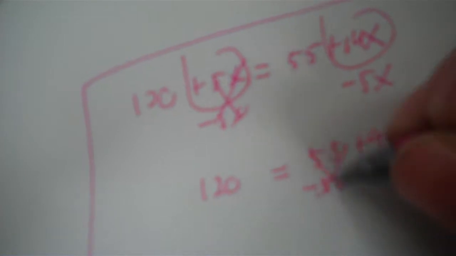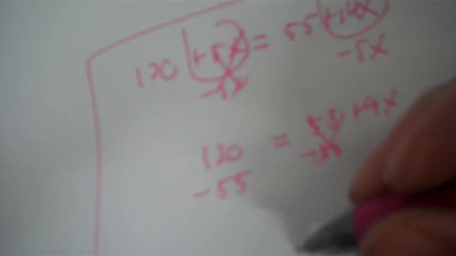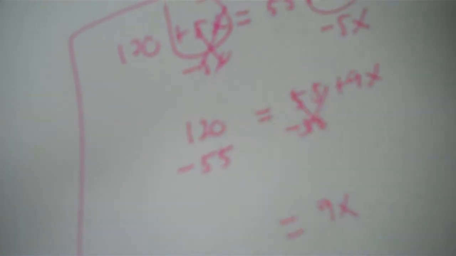Then I minus 55 minus 55. So 9 times x over here. 120 minus 55 is 65. This is going to be a decimal, and it's somewhere between 7 and 8. Okay, so approximately 7 or 8 hours.